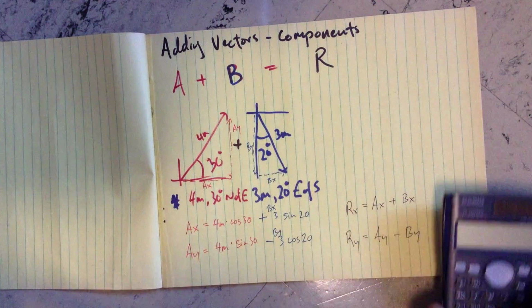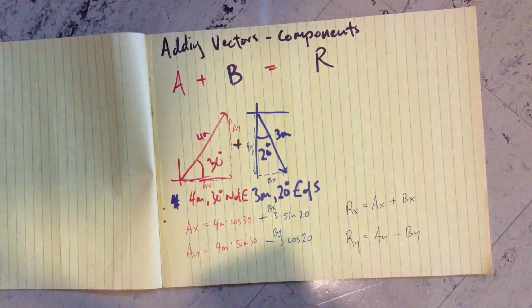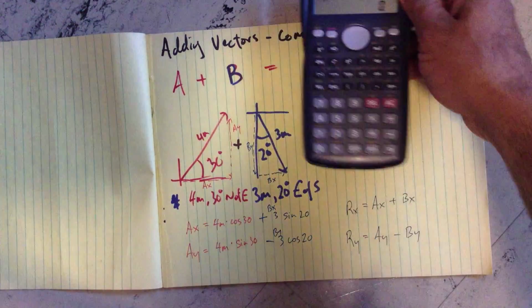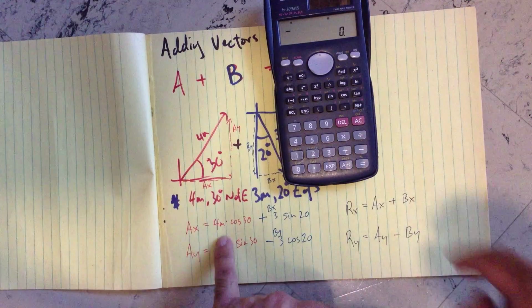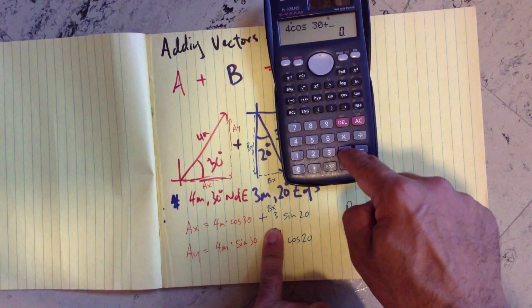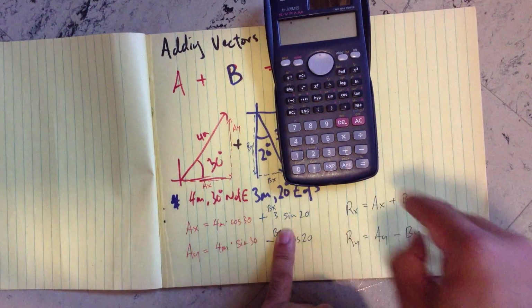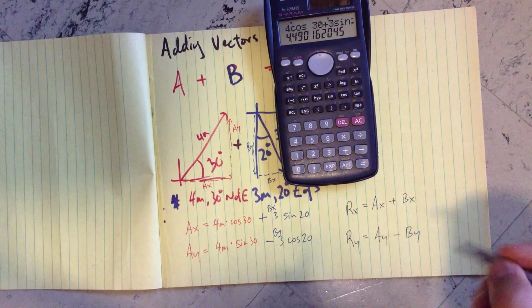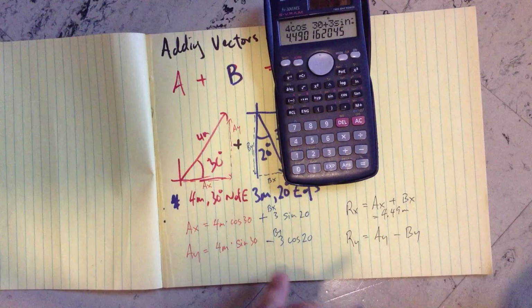So to solve our x, we'll take ax at 4 cos 30 plus 3 sine 20, and we get 4.49 meters.